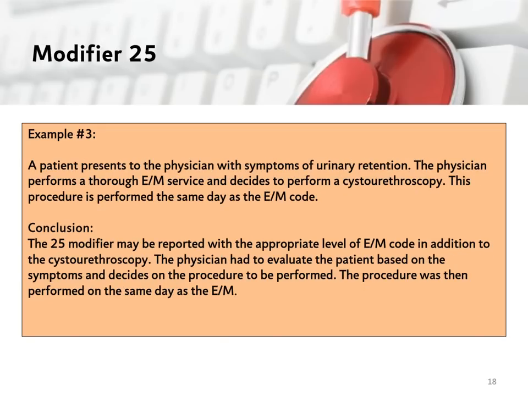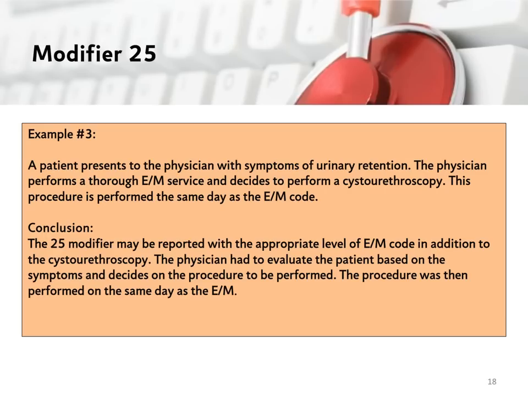Now we have example 3. A patient presents to the physician's office with symptoms of urinary retention. The physician performs a thorough E&M service and decides to perform a cystourethroscopy. This procedure is performed the same day as the E&M code.